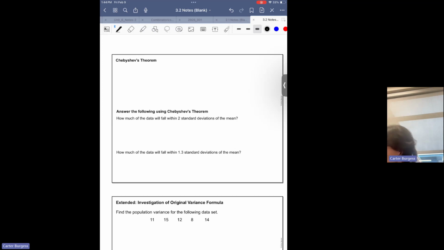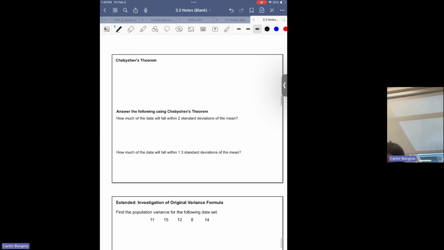So we're going to talk about something called Chebyshev's theorem. This is our first attempt to take the standard deviation and actually try and interpret what it means in the context of our data.